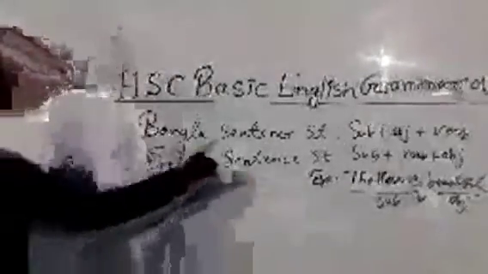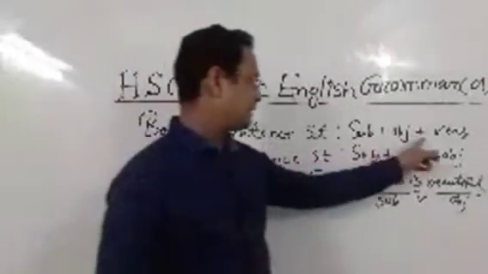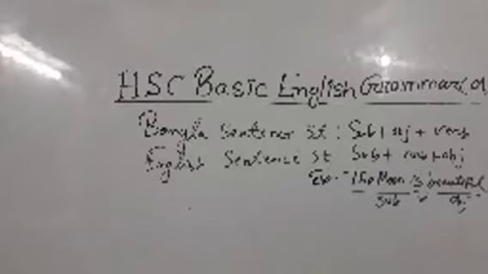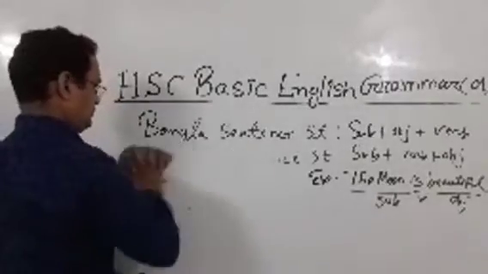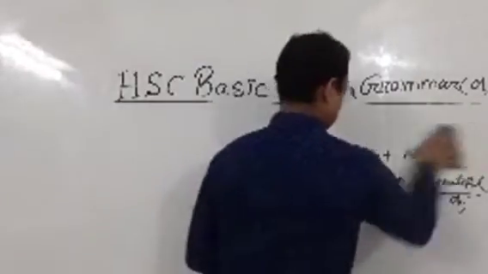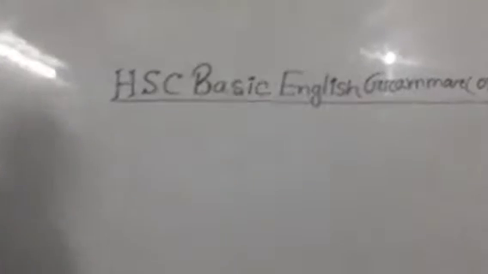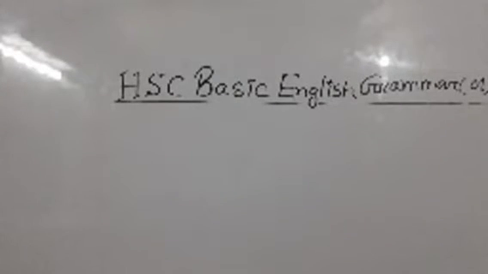But in Bangla sentence it's different: first subject, then object, then verb. So what we learn here, there is a difference between Bangla sentence structure and English sentence structure, and also between traditional grammar and modern grammar.